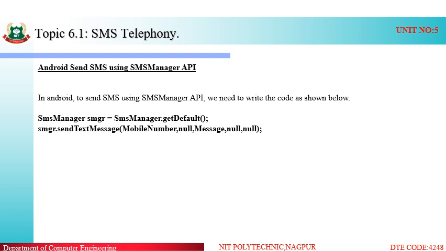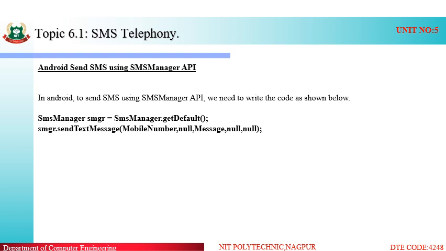And in the next line we use the object to send a text message. Directly the method is used, that is sendTextMessage. A simple text SMS message we can send using this method. So object name dot method name, that is smgr dot sendTextMessage, and in that the arguments we have to give are mobile number and message. Different parameters are there.